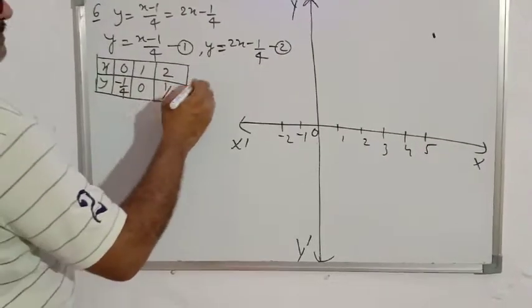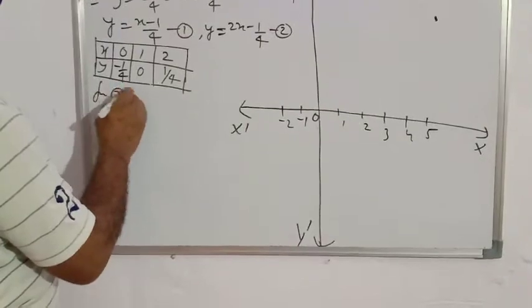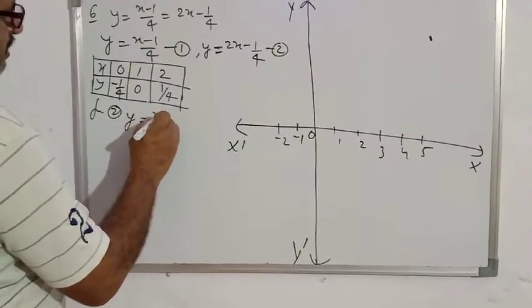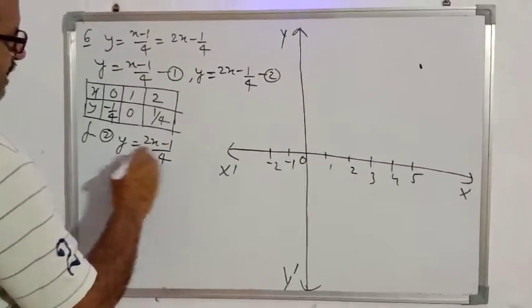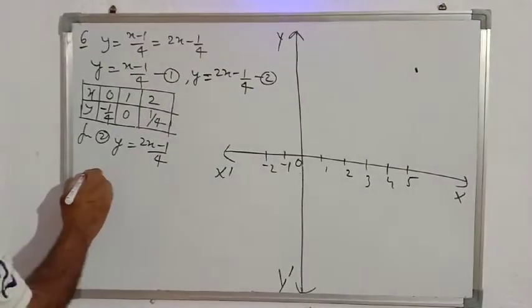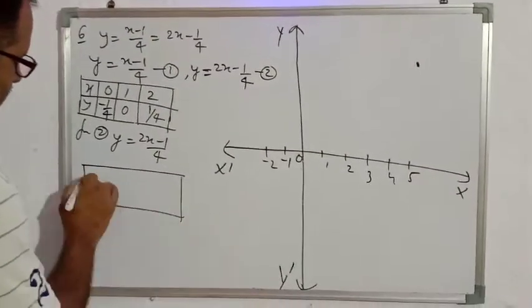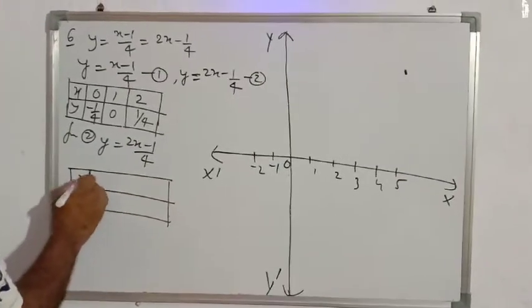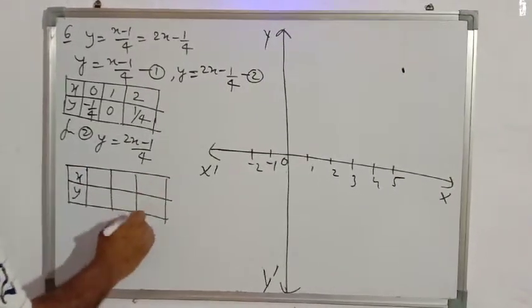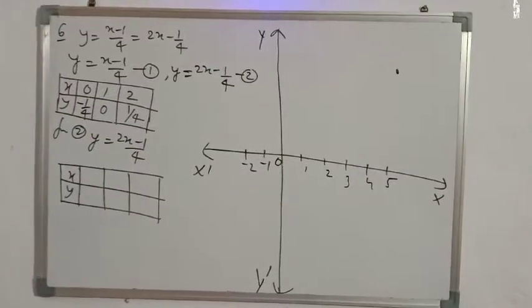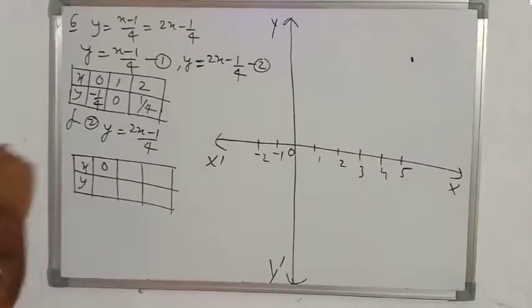And from the second, y is equal to (2x minus 1) by 4. Again we will take three values of x. Firstly take x as 0.